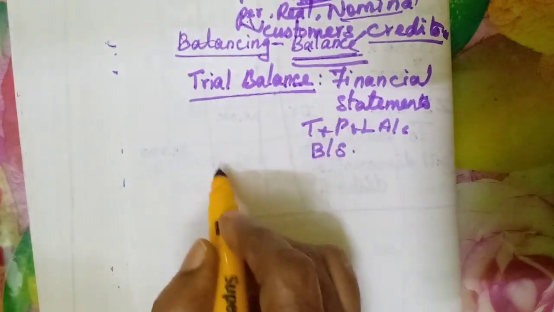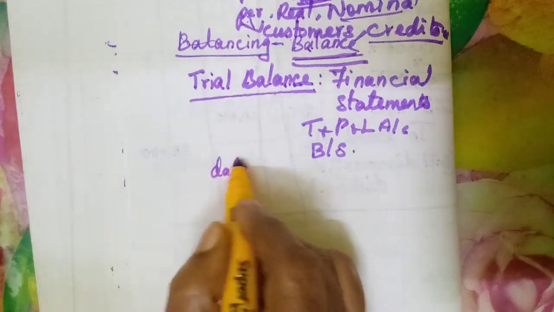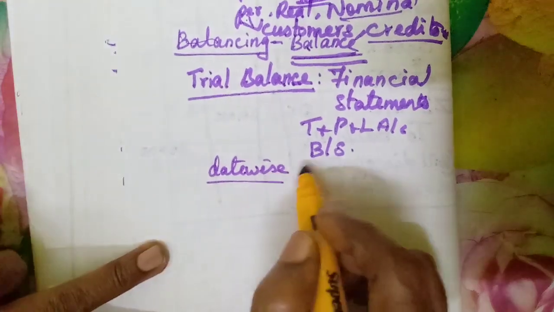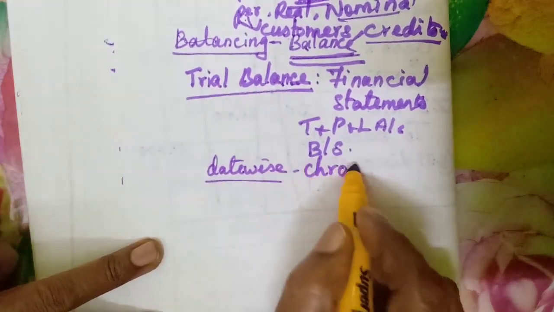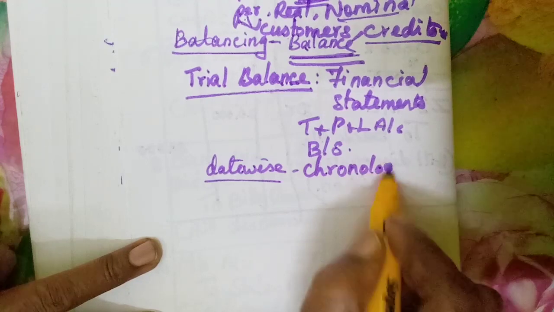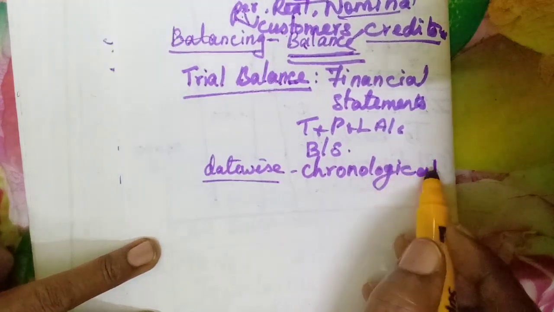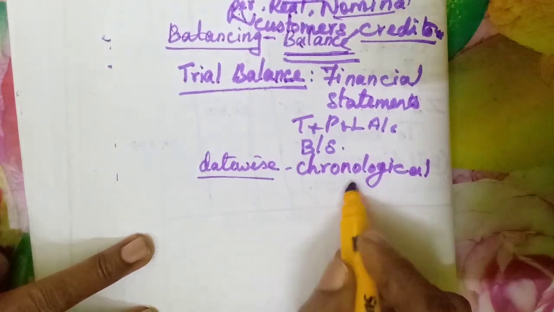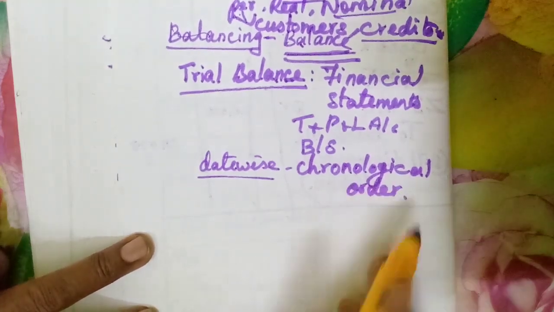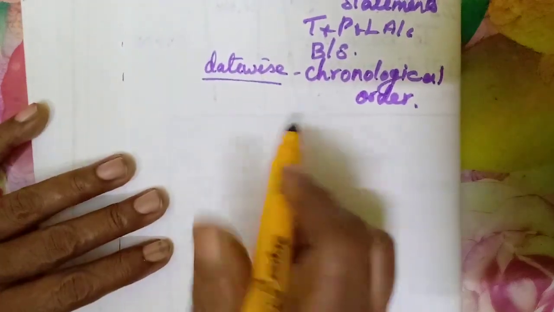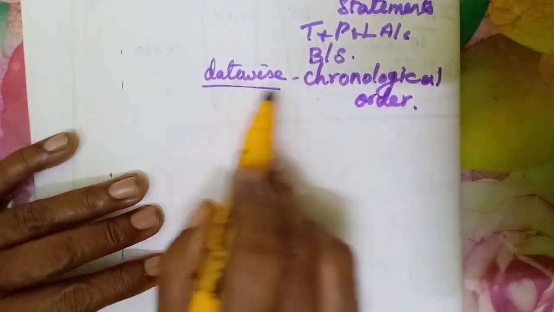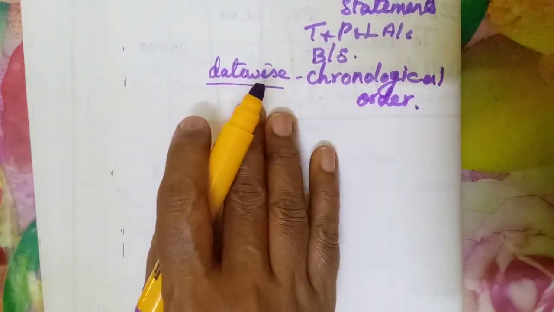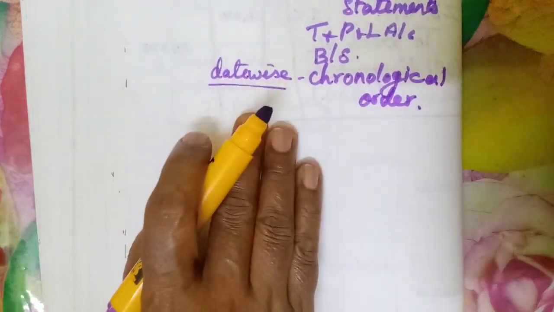It will be recorded date wise, that means in chronological order, the date of occurrence. In chronological order, we have to enter these in the books of accounts, so everything will be entered in the books.